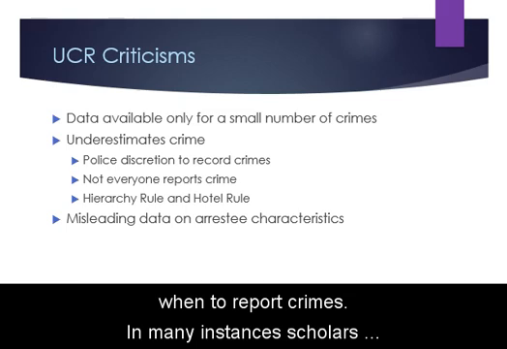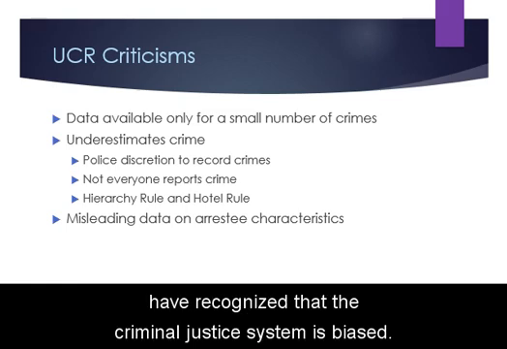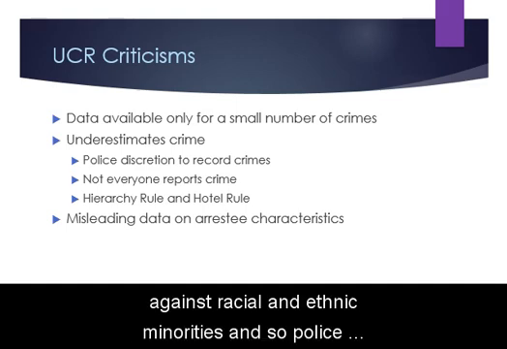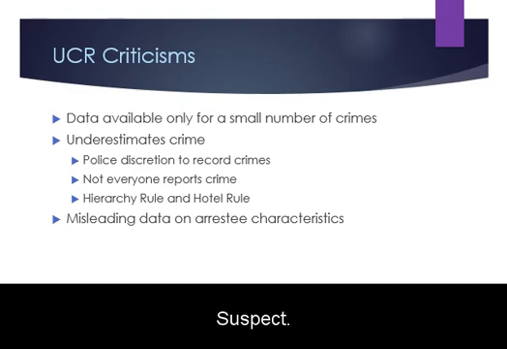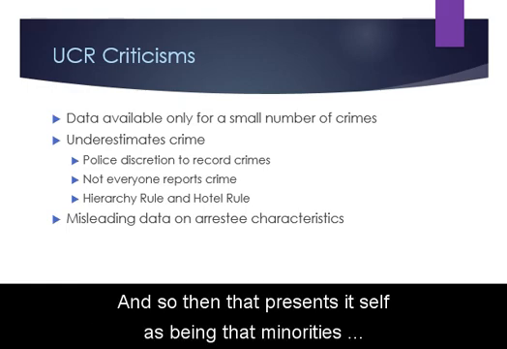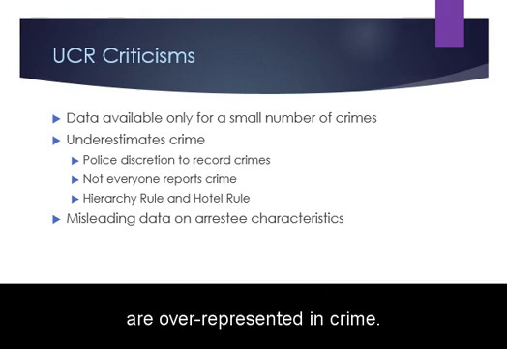In many instances, scholars have recognized that the criminal justice system is biased against racial and ethnic minorities, and so police may be more likely to arrest a minority suspect. And so then that presents itself as minorities being overrepresented in crime.